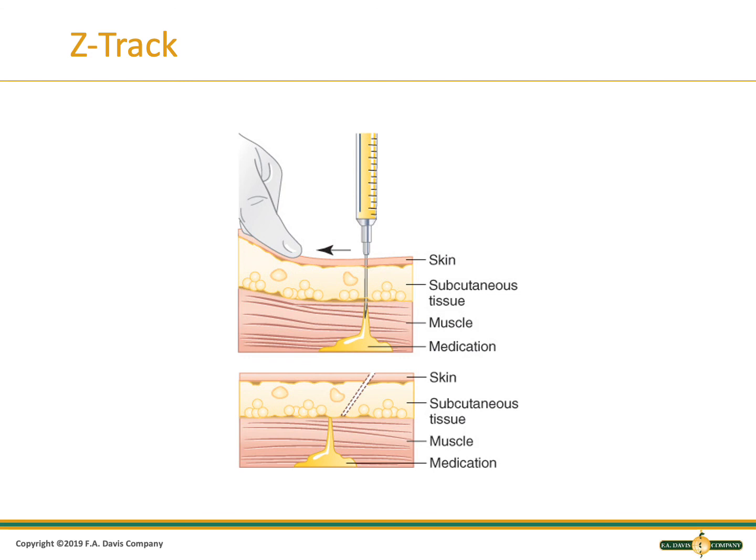So the Z-Track method prevents irritating and dark colored medications from leaking out of the injection site into subcutaneous tissue. And you're basically going to pull the skin over a couple of inches, give the injection, hold it for 10 to 15 seconds, and then you're going to release it.